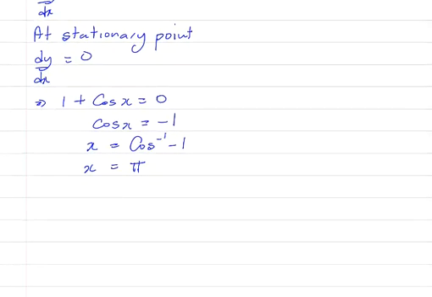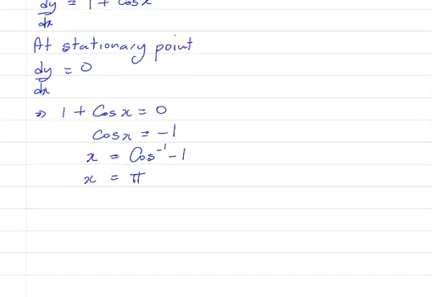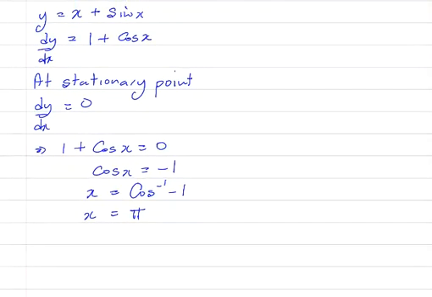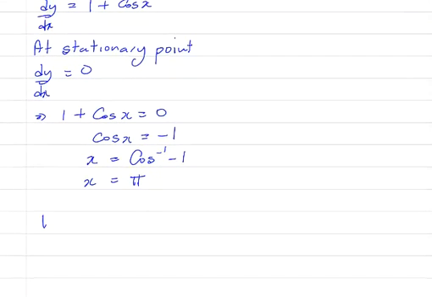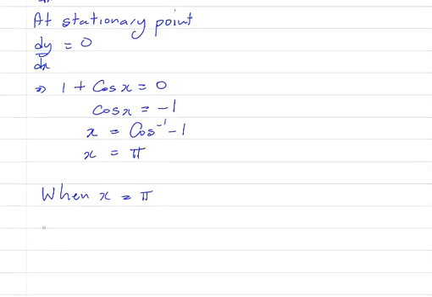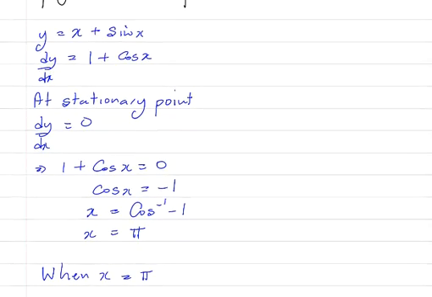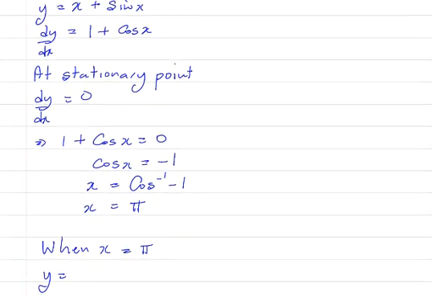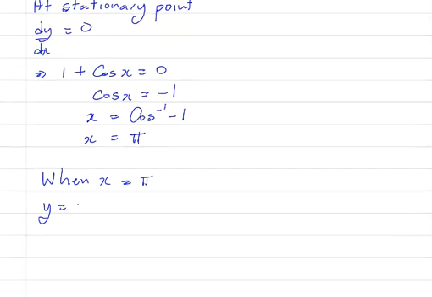Now I know the value of x, I need to get the value of y. When x is equal to pi, y would be equal to, remember the equation is y is equal to x plus sine x. So it's x, which is pi, plus the sine of pi.